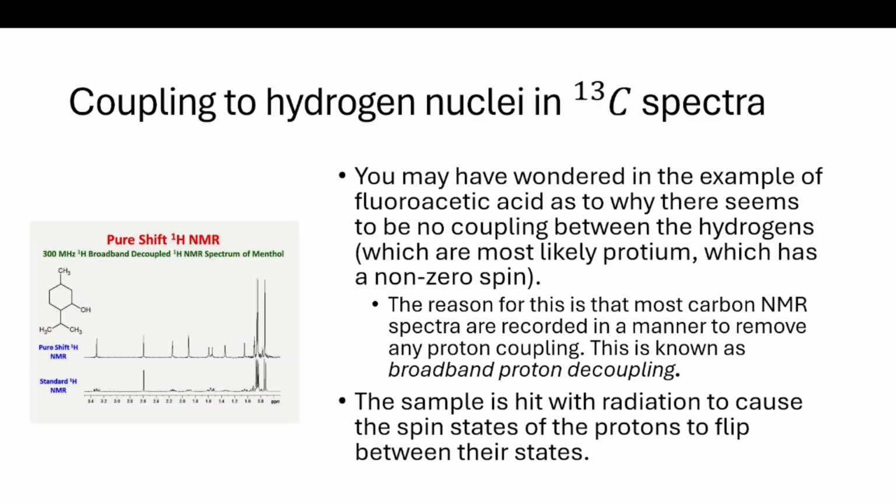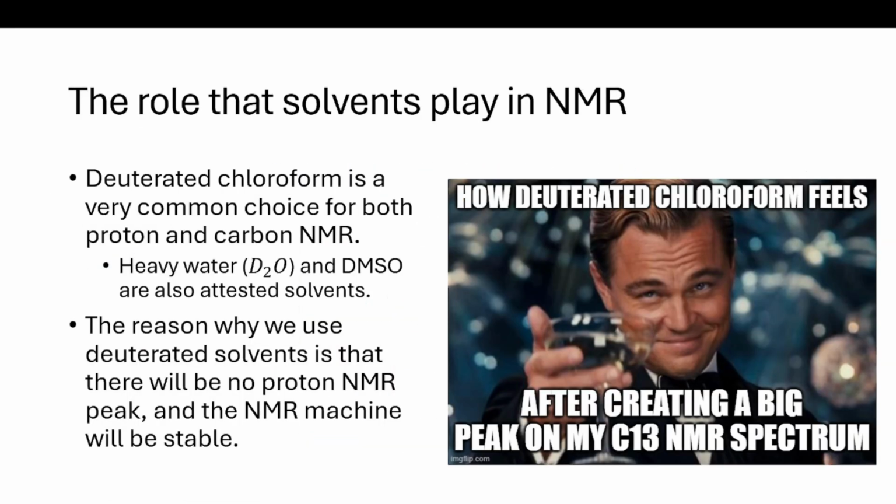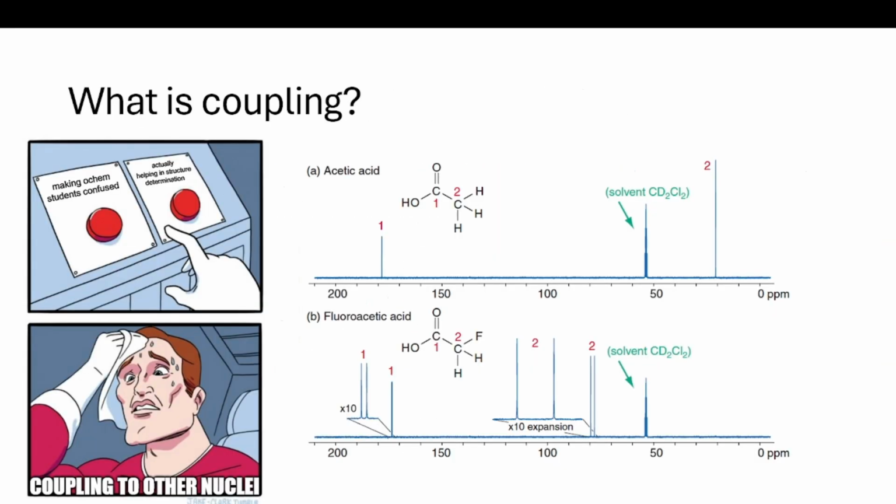Now, another question that I had when I was looking back at this NMR spectrum was, why doesn't the carbon nuclei couple with a hydrogen nuclei? The hydrogen nucleus is usually just a proton most of the time in nature.